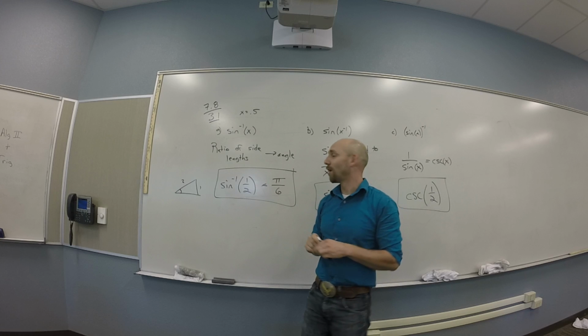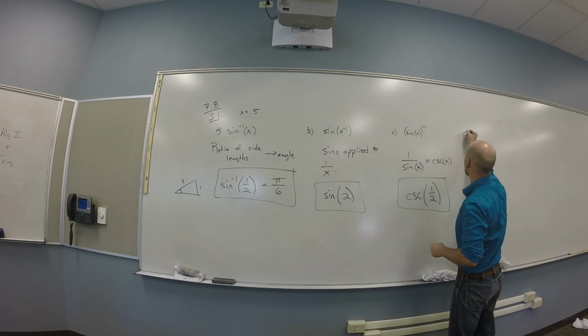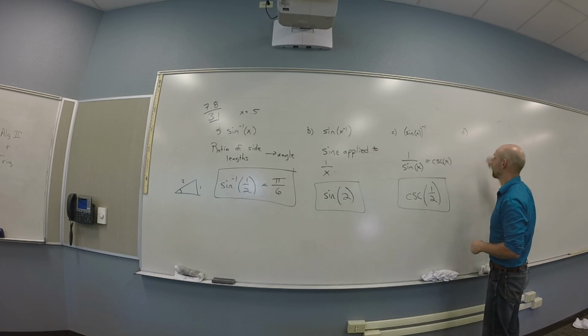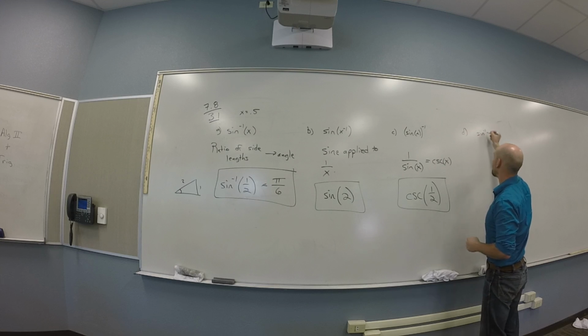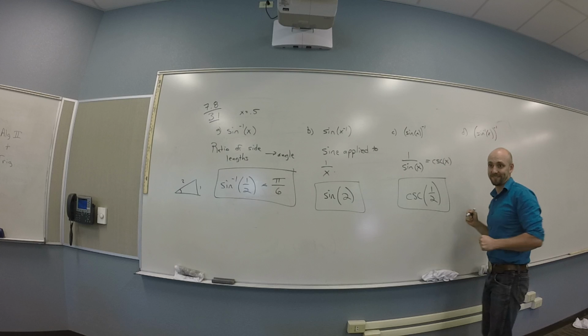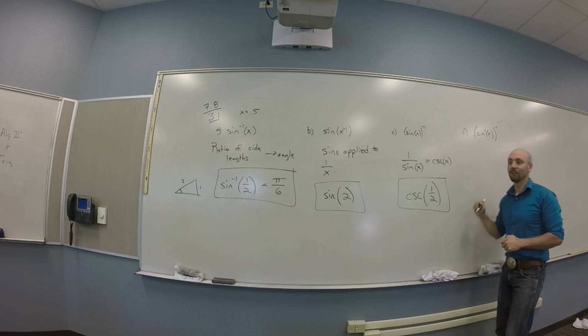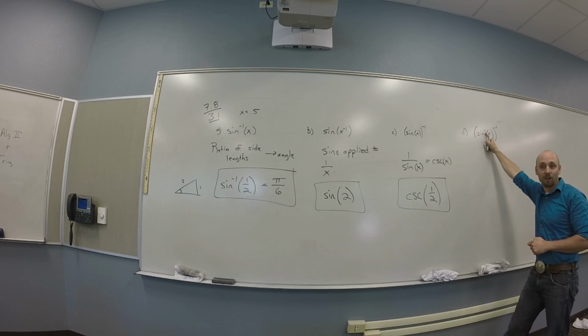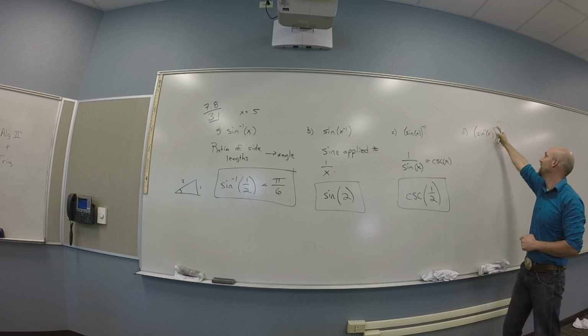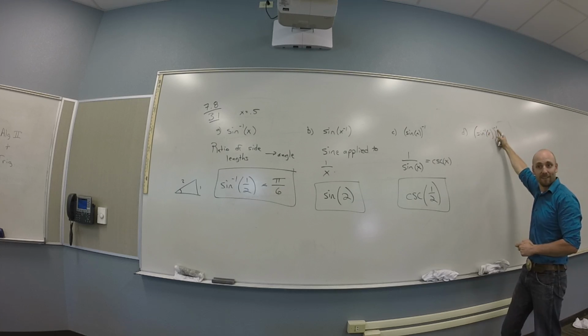That would be a different problem, which they also could have asked, which would be D, which is sine inverse of x inverse. So this first inverse is actually the arcsine function, and then this is flipping the thing over.